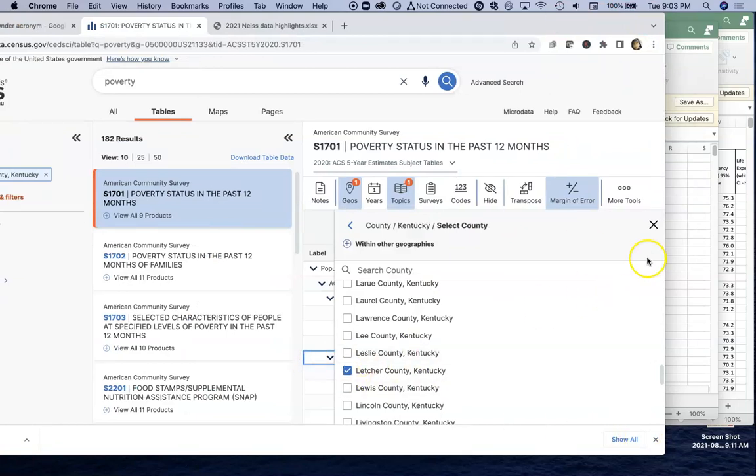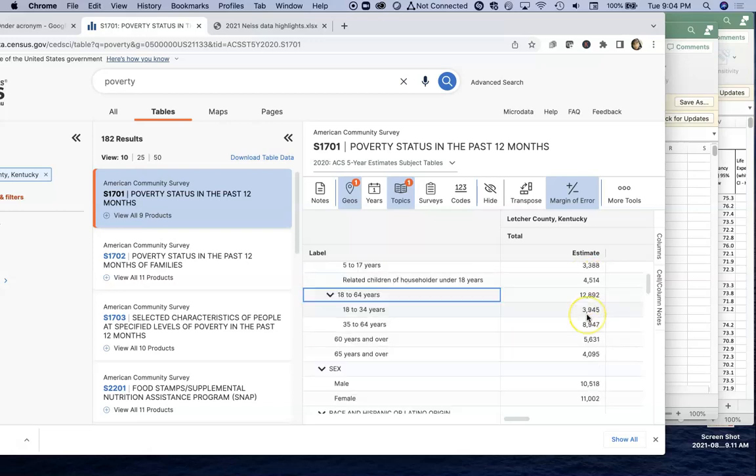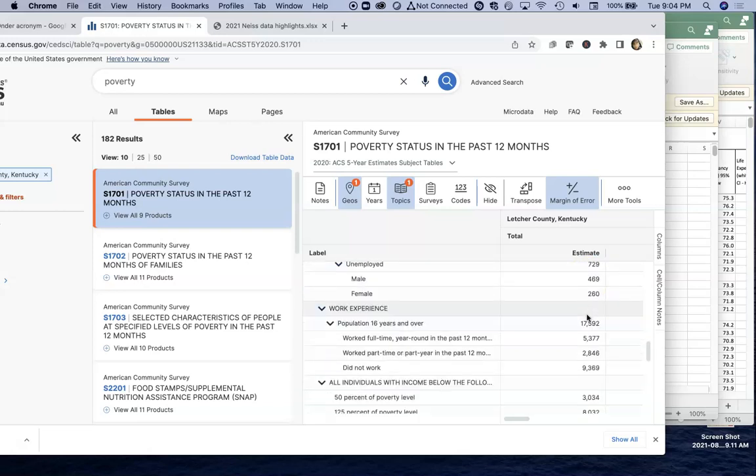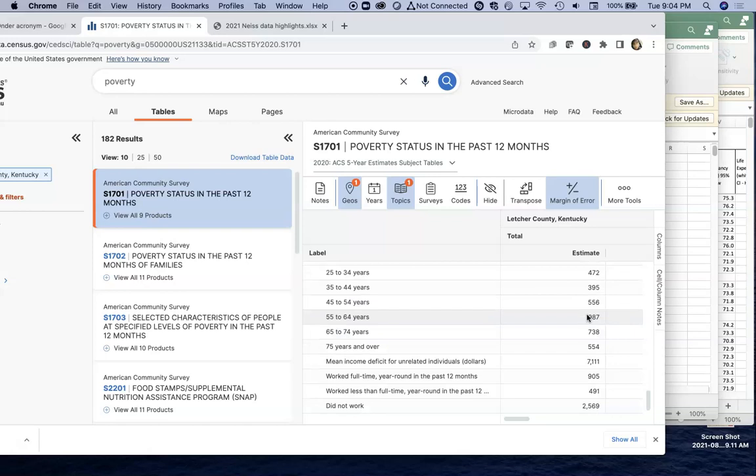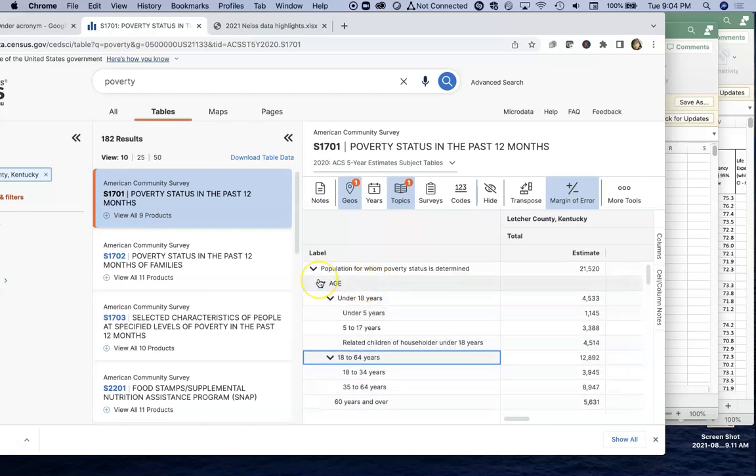So there's 21,000 people, population for whom poverty is determined, and then here's the information about them. So you'd have to compare that against the actual total population that's there.